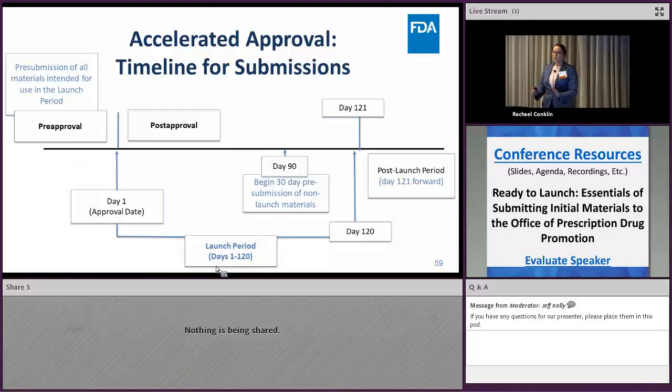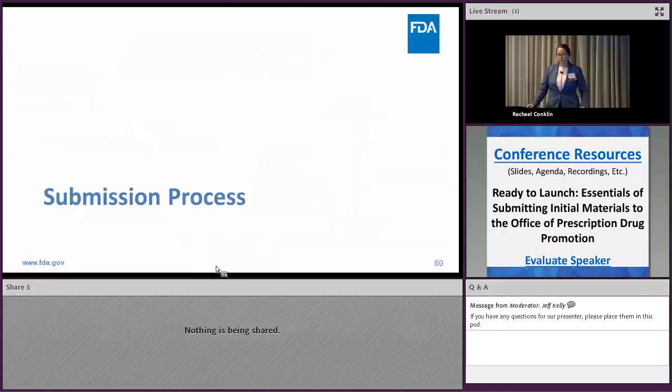So if you're intending to start using some newly developed promotional materials that weren't included in your launch phase, like right after the launch phase ends, say day 121, you would need to start submitting those materials still during the launch phase to satisfy that 30-day pre-submission requirement. So just keep that in mind as well.